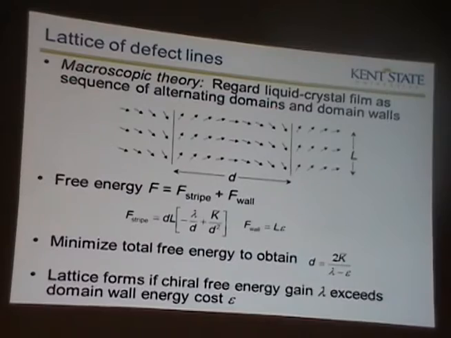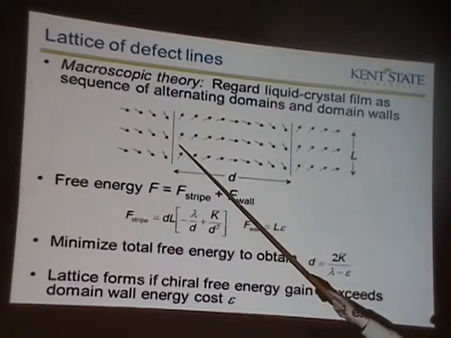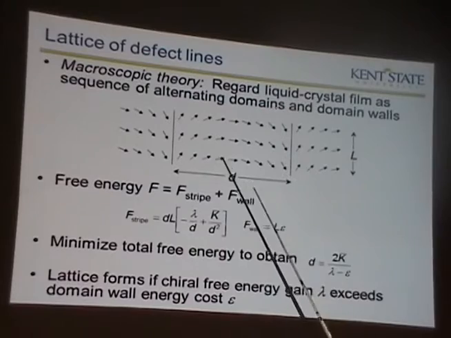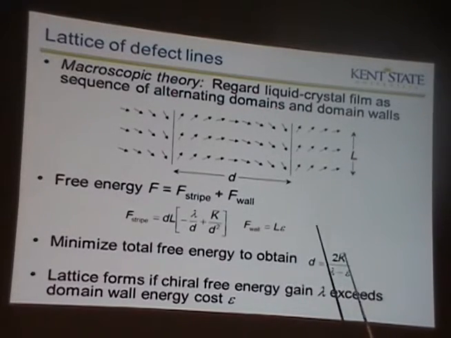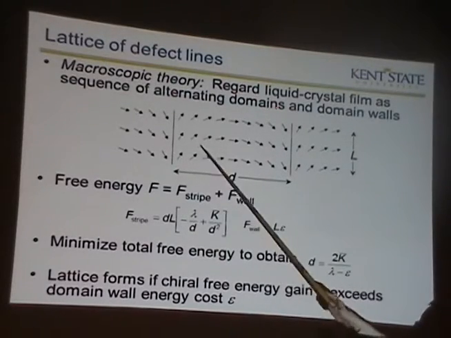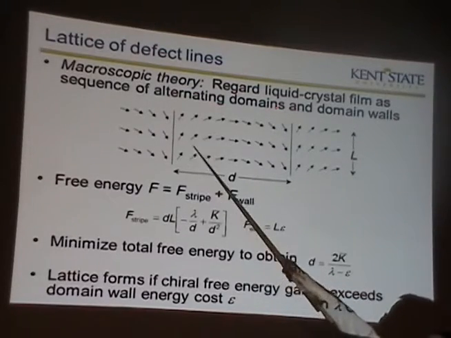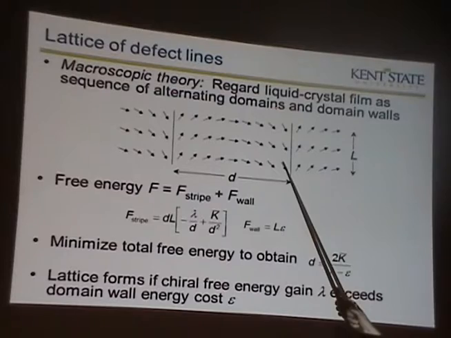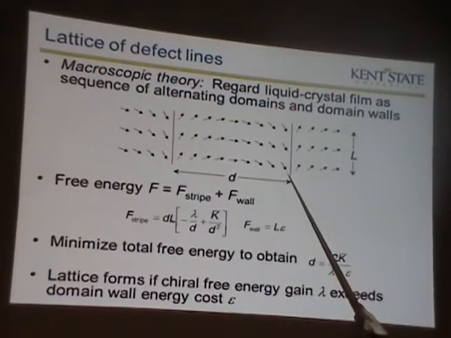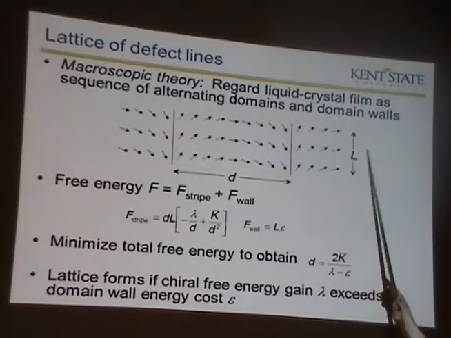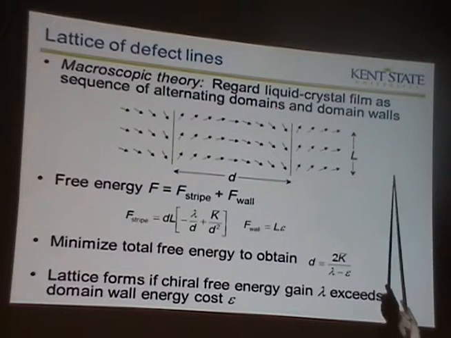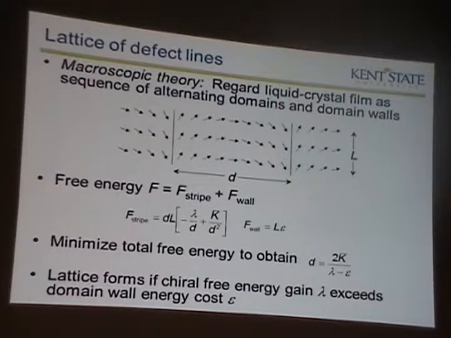Okay, so the minimum of this free energy turns out to be a structure like this, where there is a two-dimensional modulation of the director field. It rotates through some angle, and then there's a domain wall, and then it can rotate through that angle again, and another domain wall, and so forth.